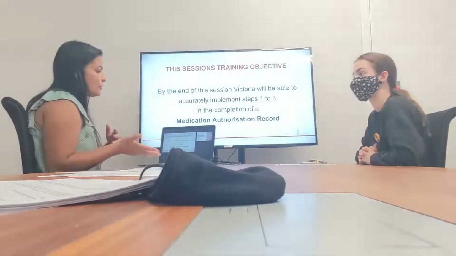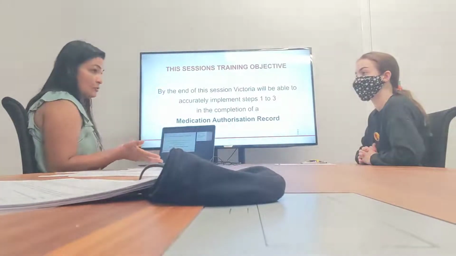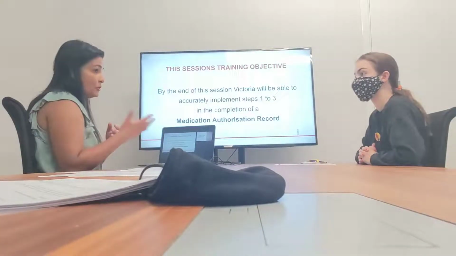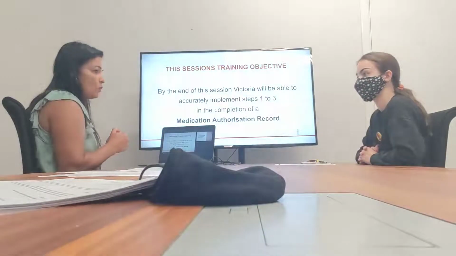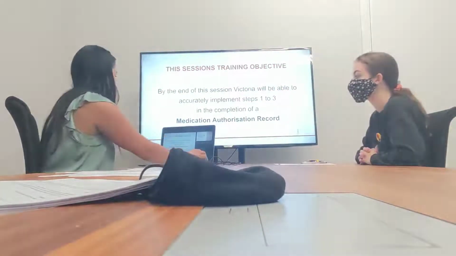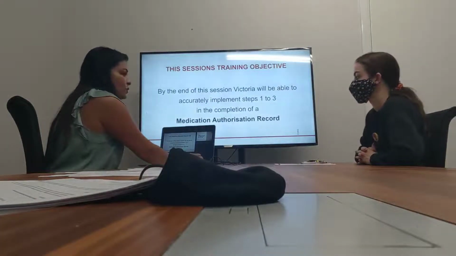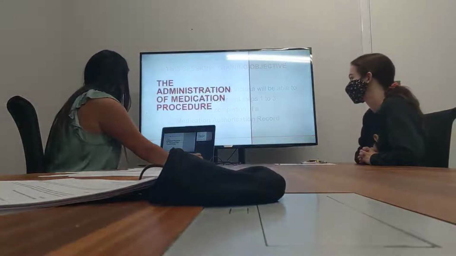Now, when we do that training, if you have attained your diploma, then absolutely I can observe you doing that in a real life situation, but if you haven't at that stage, we can do it in a role modelling situation with a little dolly or something like that.